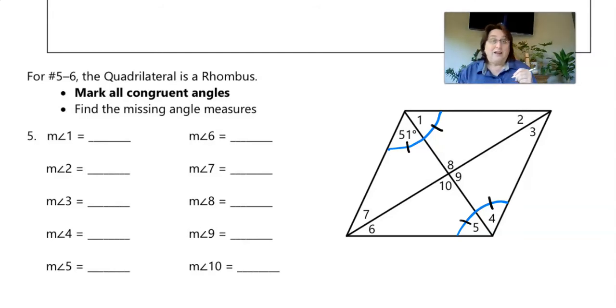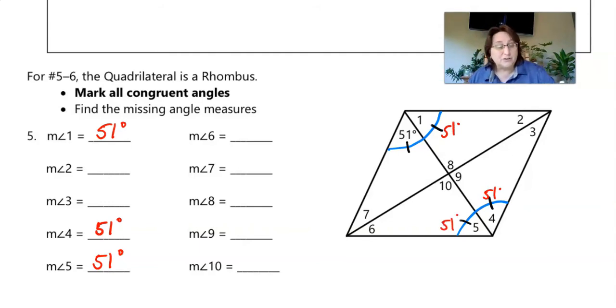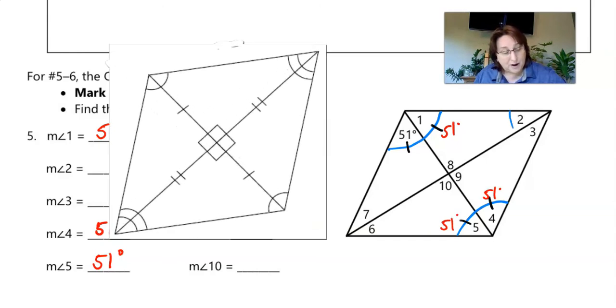Okay, so let's see. If angle 1 is congruent to 51, then it has to be 51 degrees. Same thing with angles 4 and angles 5. Those are all 51 degrees. So I'm going to label those 51, 51, 51. Okay, now it's also true that the other opposite angles are congruent.